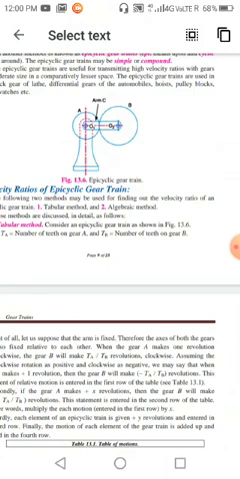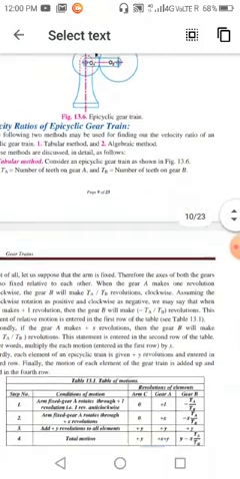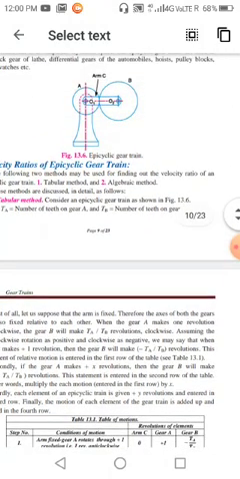Here I am taking gear A as convenient, and I am giving it plus one rotation. Here plus and minus means I am taking the positive sign for the anti-clockwise rotation and the minus sign for the clockwise rotation. You can take it accordingly; if you select plus as clockwise and minus as anti-clockwise, that is fine. It doesn't matter, it's just a convention.